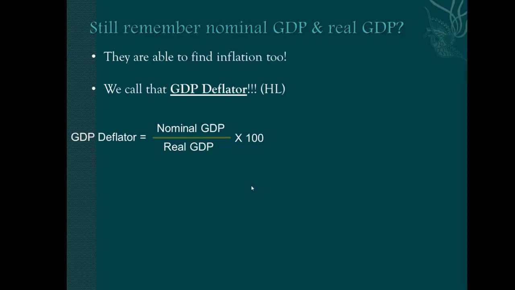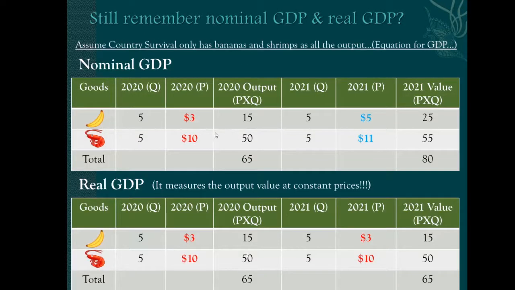So when you take a look at this, we assume 2020 is the base year. If that's the base year, then nominal GDP over real GDP for 2020, you see, it's always the same.